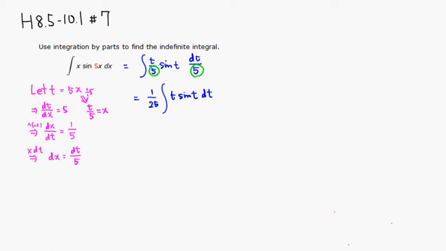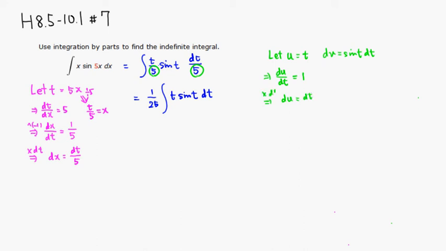From here we can do integration by parts. I'm going to let u be t and dv be the rest of it, so sine of t dt. If you take the derivative, you get du over dt equal to 1, which means that du is equal to dt.